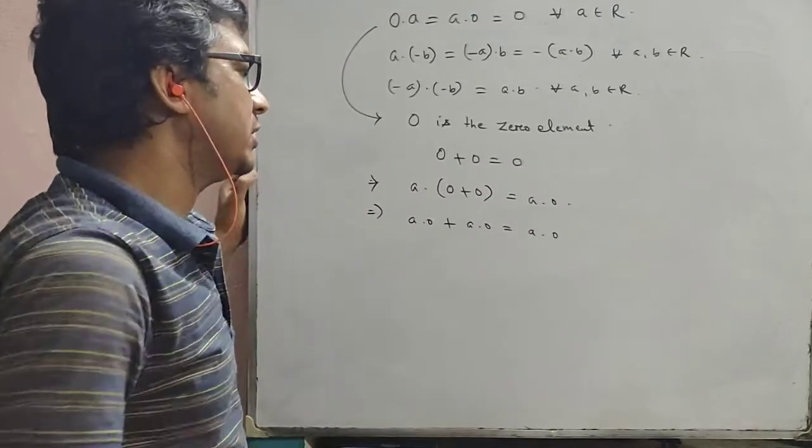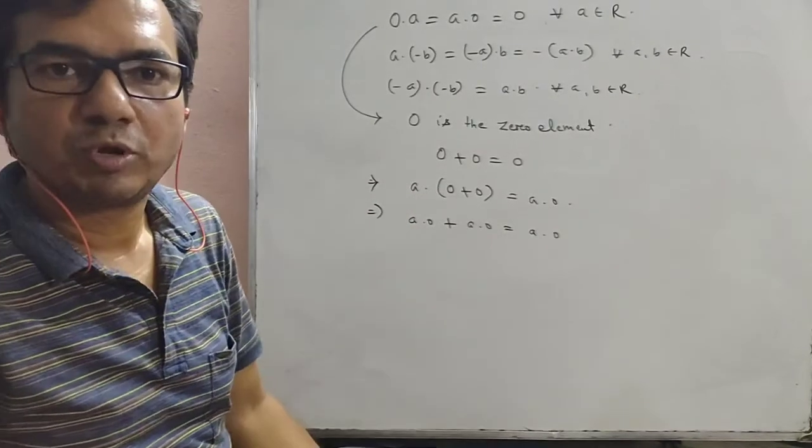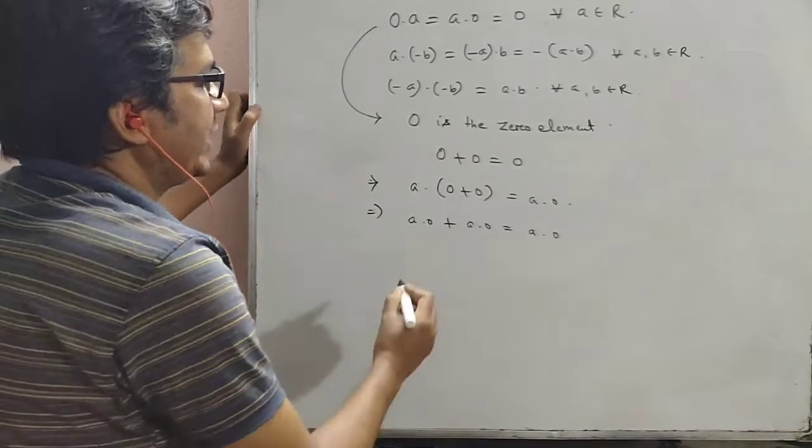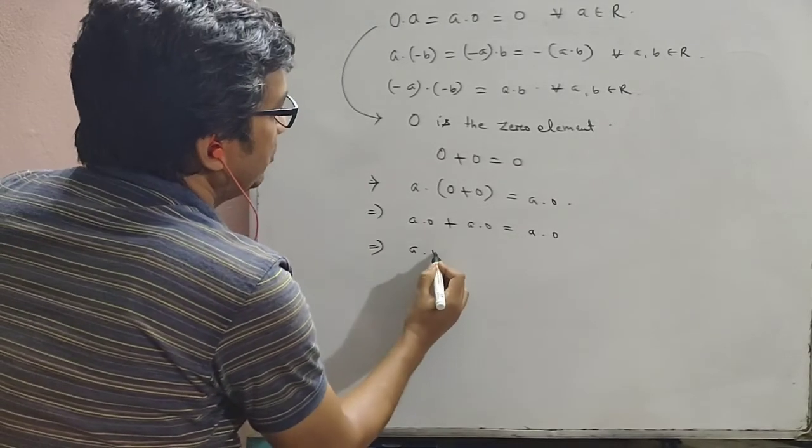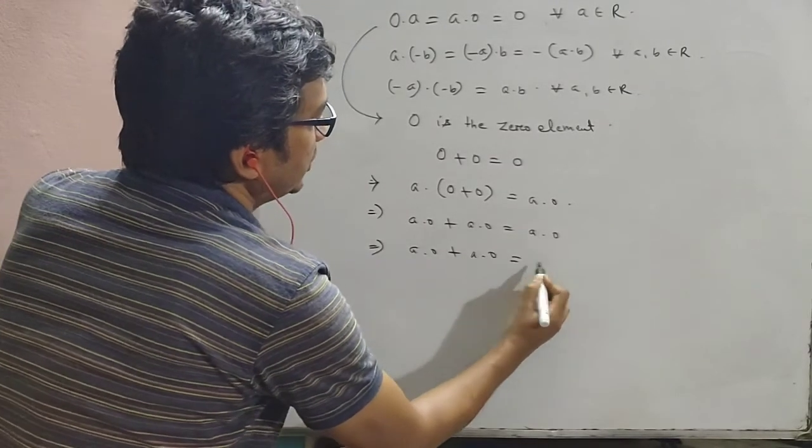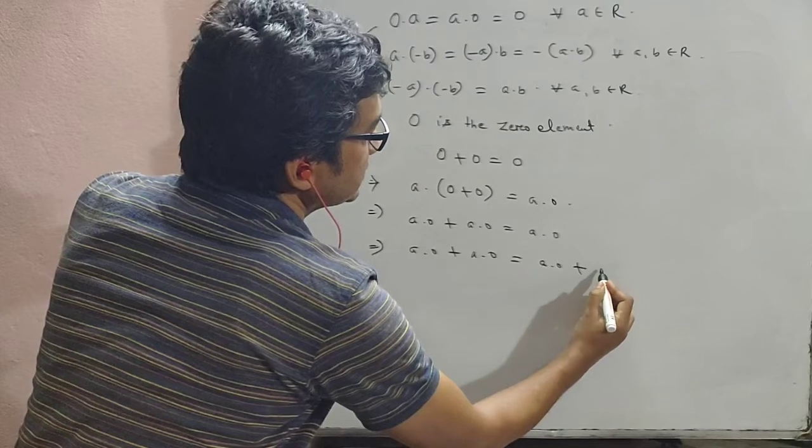This is the left distributive law, and we get a dot 0 plus a dot 0 equal to a dot 0 plus 0.